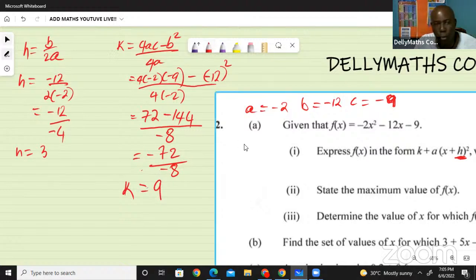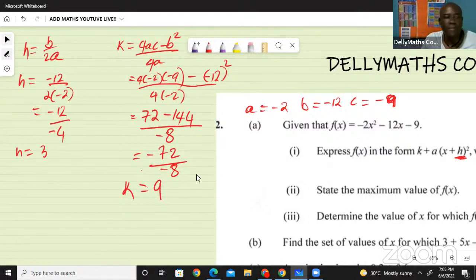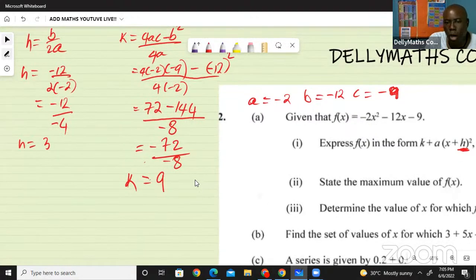So basically what we're doing here is just applying a formula. And there are other ways to do it, but I'm just going to do it one way. Now all I'm going to do is write it in the same form that they give. They asked us to put K out front, so K plus A times open bracket X plus H all squared.